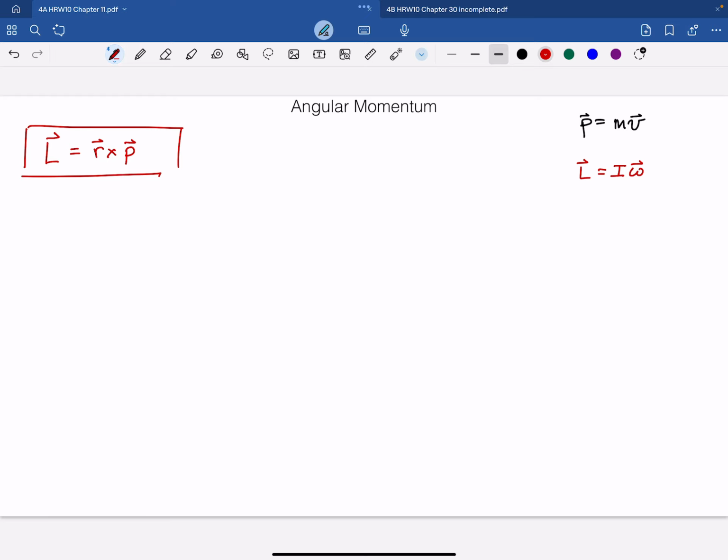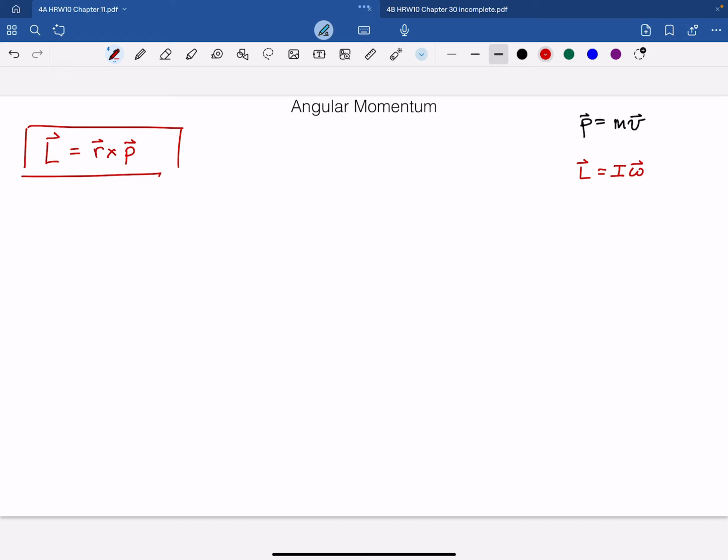So anything that is moving, because momentum is just mv, as long as it is moving near an axis, it doesn't have to be moving in a circle. As long as it's moving near some point that we're defining as an axis of rotation, it can have angular momentum.